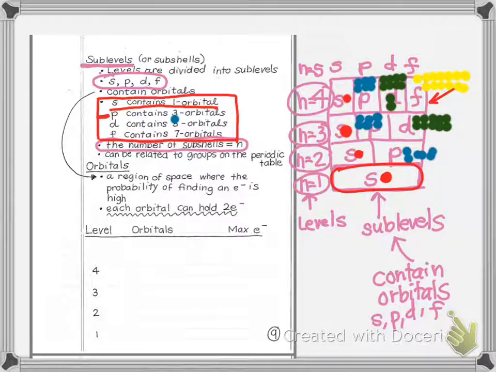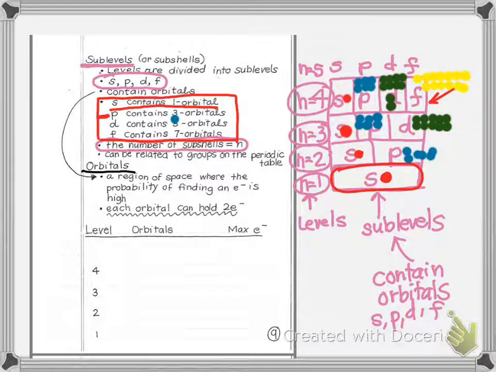Now, all of this is going to be able to be related to the periodic table. So hopefully, after thinking about this and then watching the next video, some of the pieces will start coming together for you. So when we get to the orbitals, they are actually like the chairs. This is where the electrons are most likely to be found.